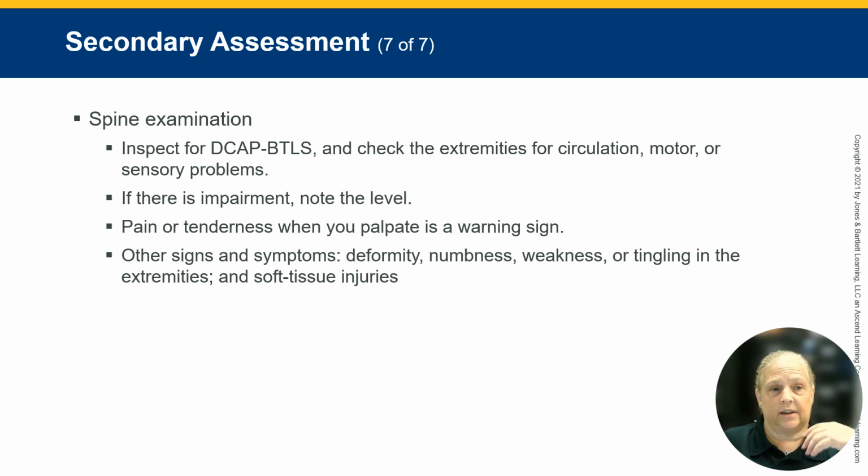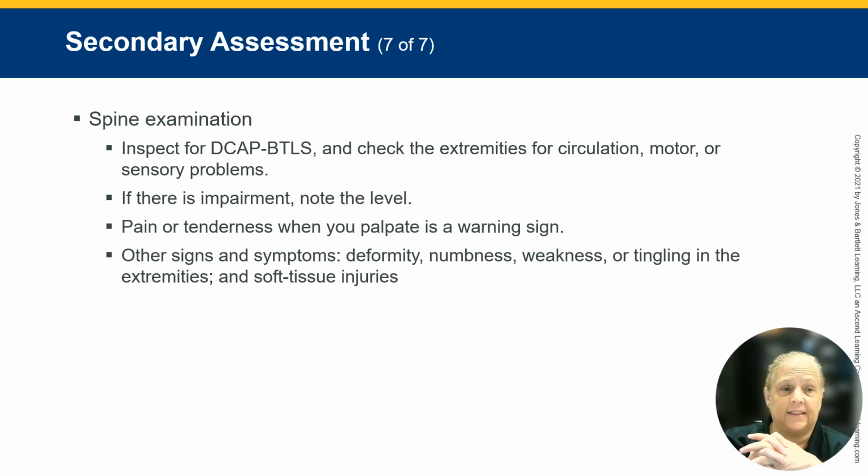You're going to be checking your extremities for circulation, motor, and sensory. You're looking for any DCAP-BTLS. You're going to go and palpate along the entire spine, feeling for any deformities, contusions, abrasions, punctures, penetrations, burns, tenderness, lacerations, or swelling.